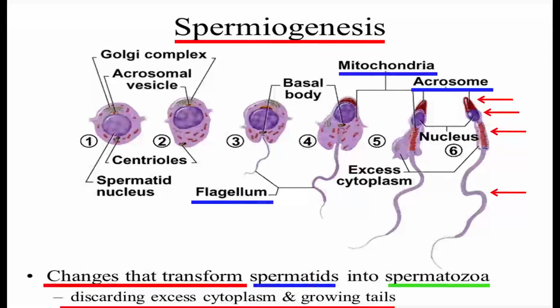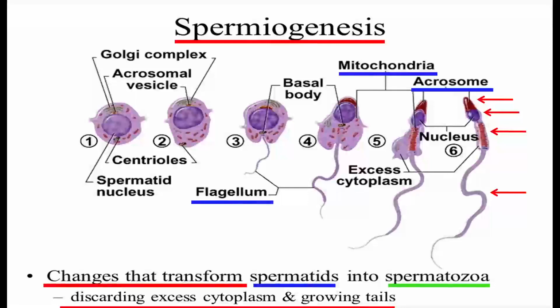Spermatid is found near the lumen, and they have the very initial shape, and they need to change to a shape that is capable of, first of all, migration through the male genital system, and then migration through the female genital system. This process of change of shape of spermatid into a sperm is called spermiogenesis.